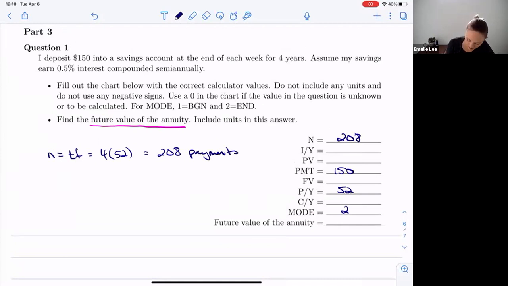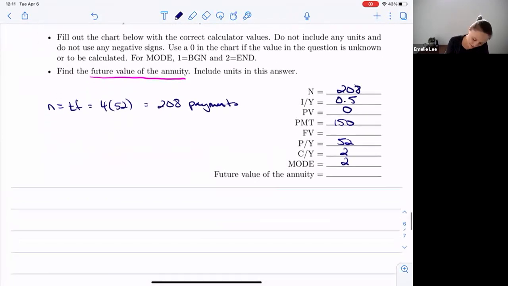So just be careful, don't change it to a decimal. It is just 0.5. Compounded semi-annually, so compounding twice per year. There's no mention of me starting with any dollar amount, so the present value is 0, and then I want to find the future value, and so, oops, here, that should be 0. Okay. Good. 1.6 marks in the bag. Right? No units, no negatives. We're good.